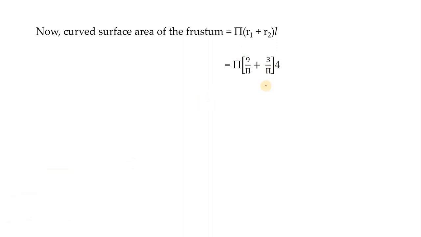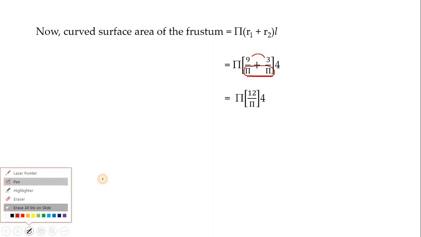That's why I said. Now let us add these two things, children. See here denominators are same. When denominators are same, write the denominator one time and add the numerators. So 9 plus 3 is 12 and in denominator write pi. Remaining all you write as it is, children. We get 12 by pi. Now what happens here?